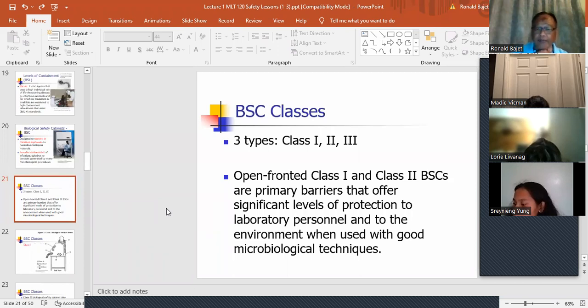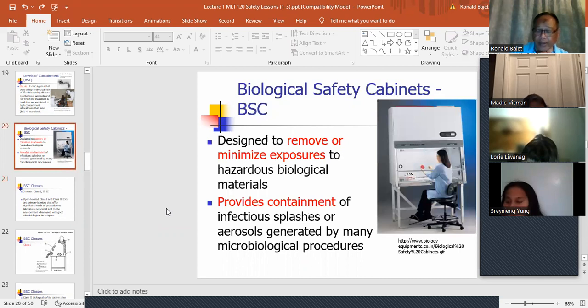The cabinets have 3 classes. Class 1 and 2, like I mentioned, are open in the front. That hood there is open in the front, where she can access by putting her hands in. So 1 and 2 are both open in the front.